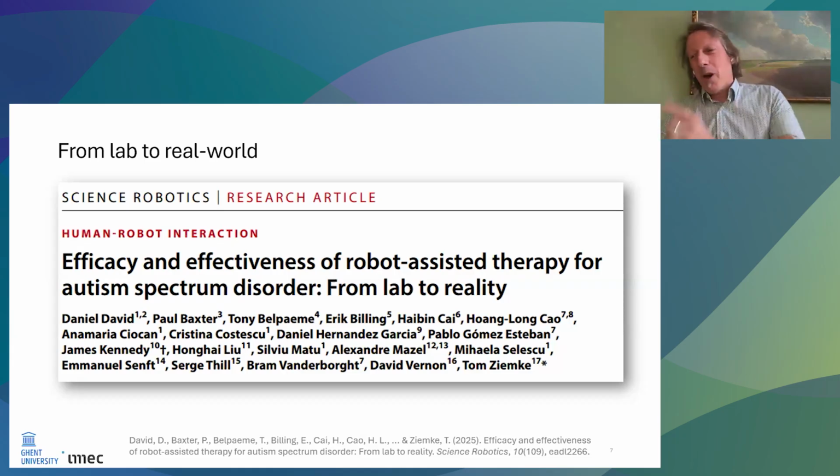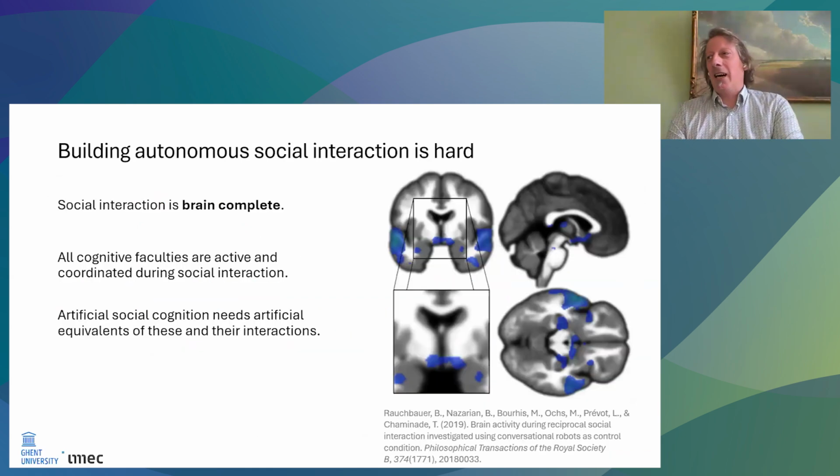Now, building robots that can have a social interaction is particularly hard. And the reason why is that it is actually an amazingly complex thing that we are doing. So when we are interacting with someone else, almost all our cognitive faculties are at work and are interconnected. They're all busy, coordinated, and doing something that creates this social interaction.